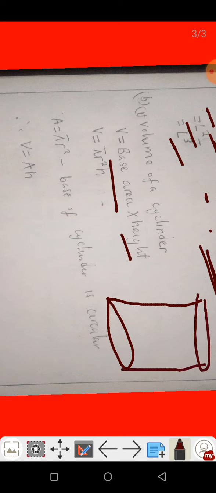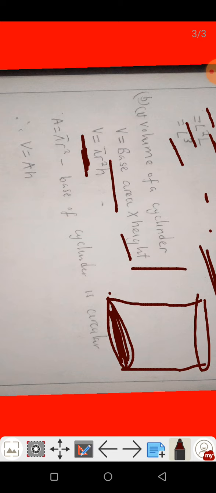This is the diagram of a cylinder. The base here is circular, so the base area is pi r squared.